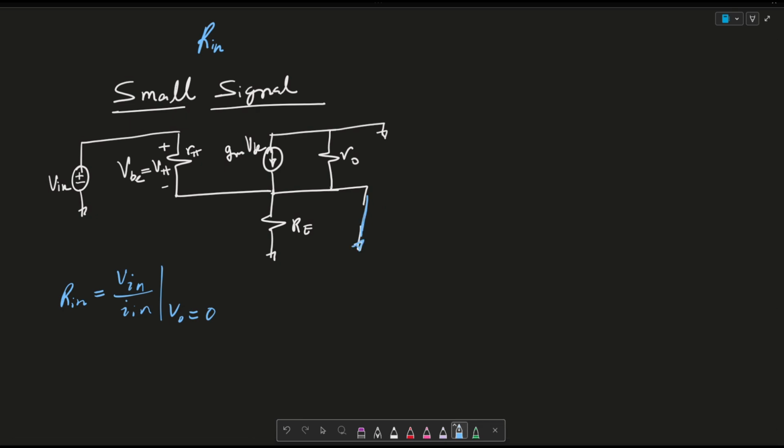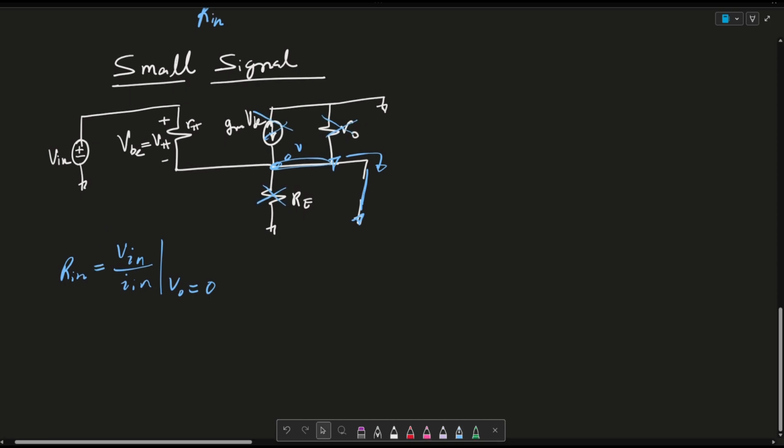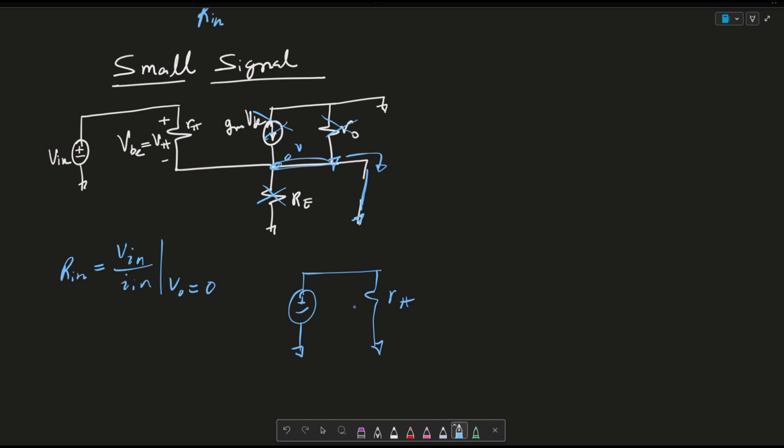And so this is ground, so then this is 0 volts. Essentially, current is going to flow through here, so no current will flow through here, or through here. So the circuit that I'm remaining with is just this Vin that goes through this R pi.